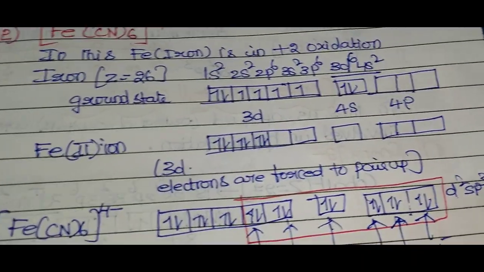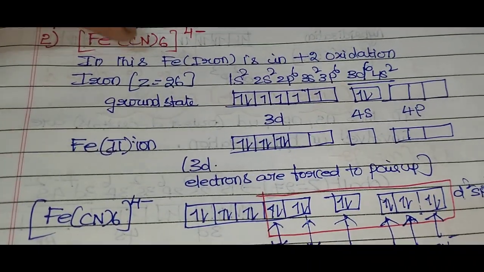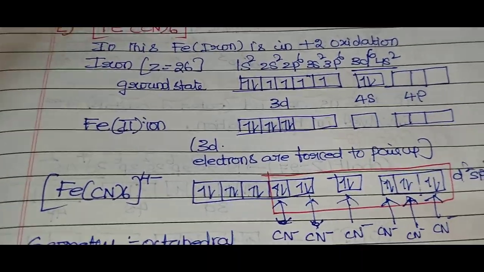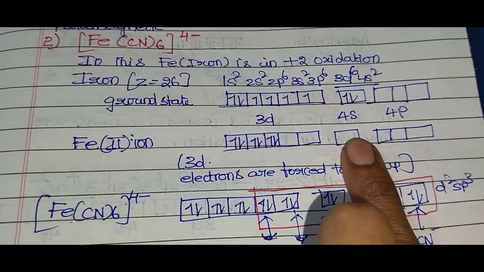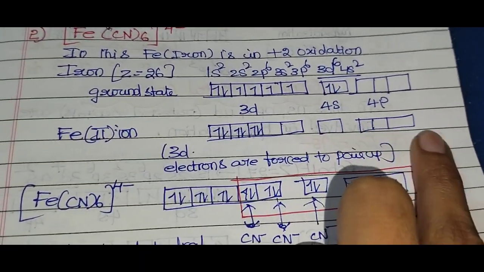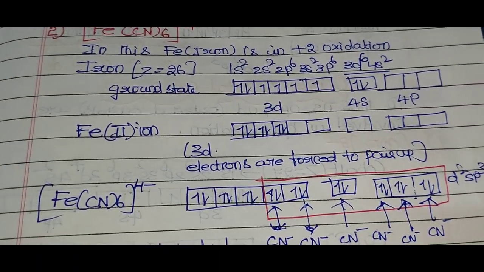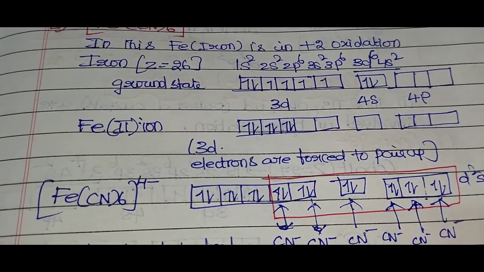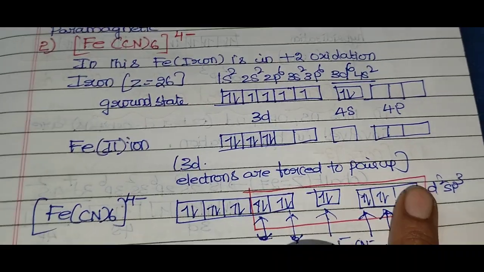But what happens, we want 6 CN ligands to attack the Fe. If we remove only this one, then only 1, 2, 3, 4, only 4 places will be there. So only 4 CNs can attack, but we want 6 places. So we want 6 vacant orbitals. That's why the 3d electrons are forced to pair up.